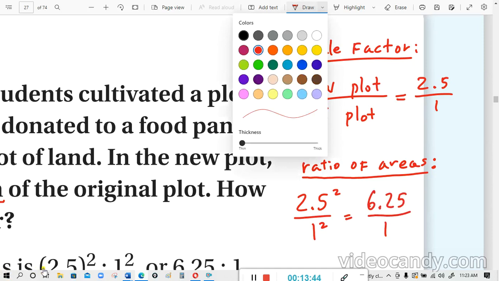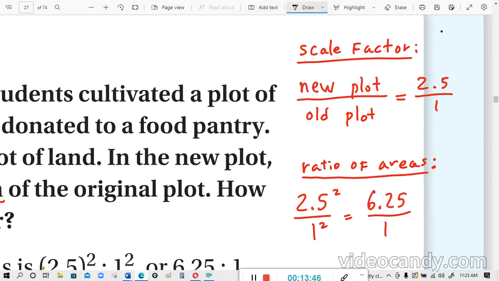So the new plot is 6.25 times bigger, and that is in terms of area. The area is 6.25 times bigger.